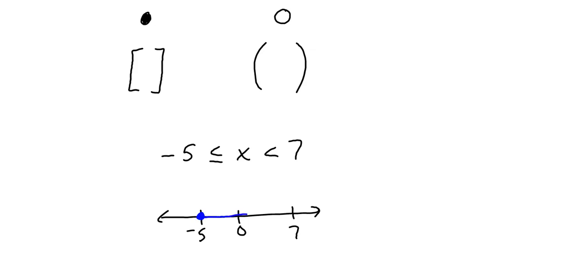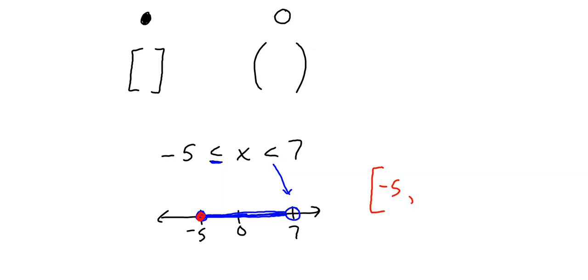But at the same time, they're smaller than 7. So notice the circle on the left is solid because of this equal to bar, and the other one's open because of that bar. And then if I did my interval notation, I would have a hard stop on the -5 because it's closed.